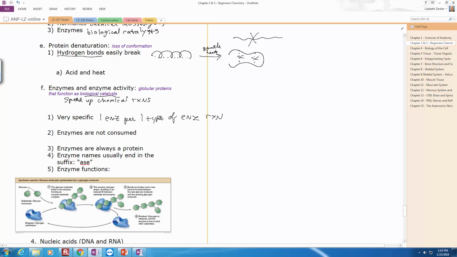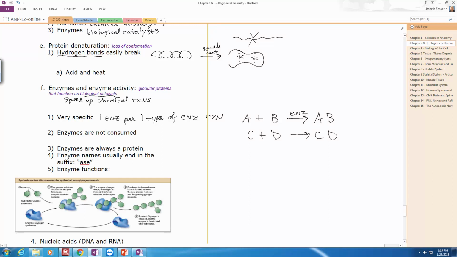For example, if I said A plus B, and I needed an enzyme to bring those two reactants together to get my product, AB, could I use the same enzyme for C plus D to get CD? No, because the enzyme that would have recognized reactants A and B does not recognize reactant C or D. They're different. So enzymes are very specific. They have one job, only one job. They can't work for other people. They can't make something else happen.